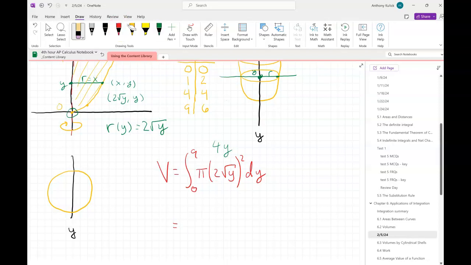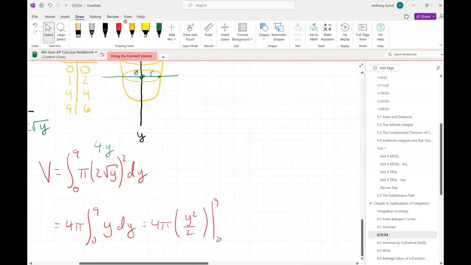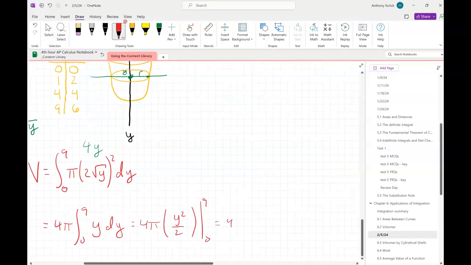So this is just 4 pi integral from 0 to 9 of y dy. So we do our antiderivative, y squared over 2. So 4 pi times, well, let's write it as 9 squared over 2 minus 0 squared over 2.